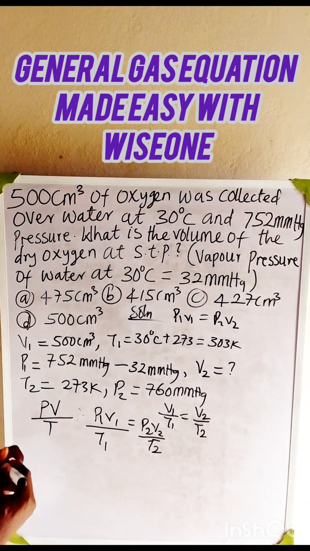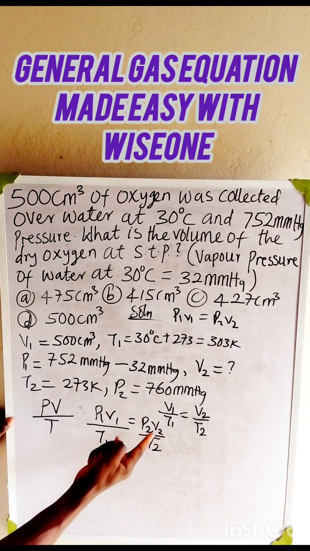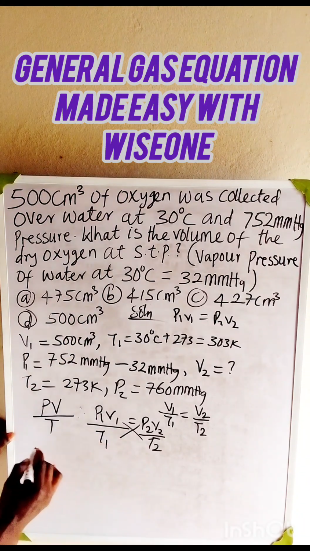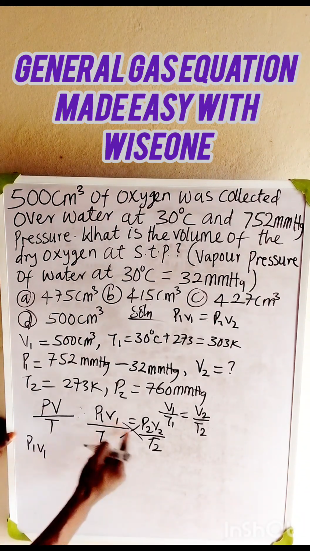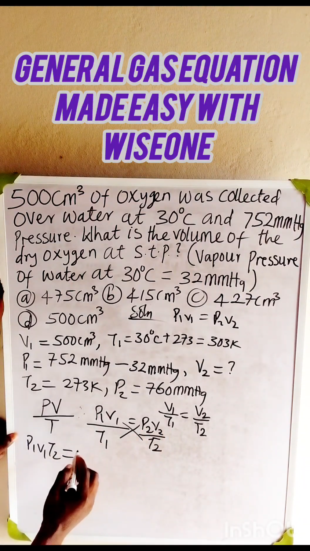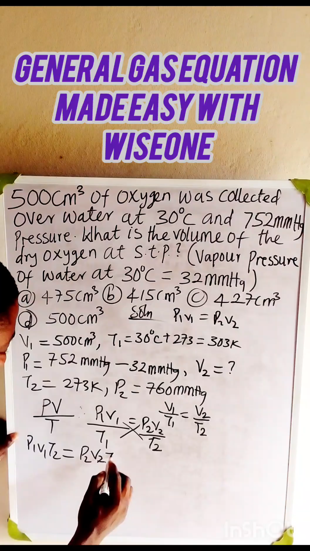In this question we are asked for the final volume, so we are going to make the final volume the subject of the formula, which is simple. P1 V1 times T2 will be equal to P2 V2 times T1.